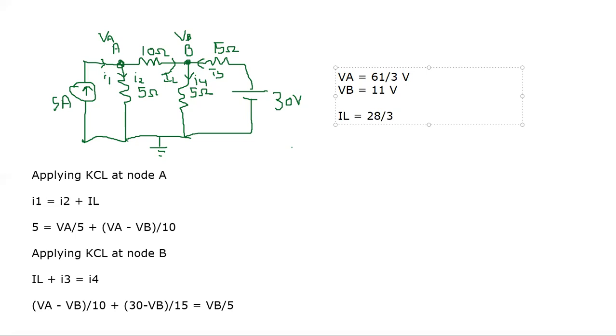So 28 by 30. So IL is 28 by 30. VA minus VB by 10, okay. So 61 by 3 minus 11 divided by 10. That is equal to 28 by 30 amperes.